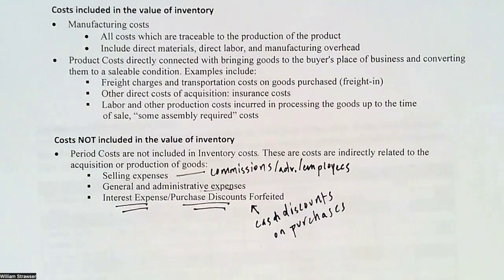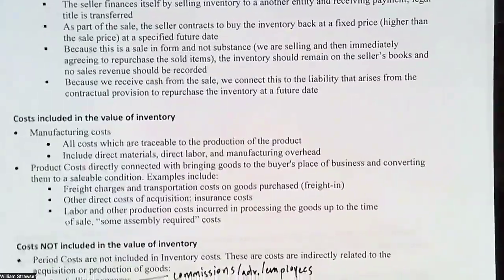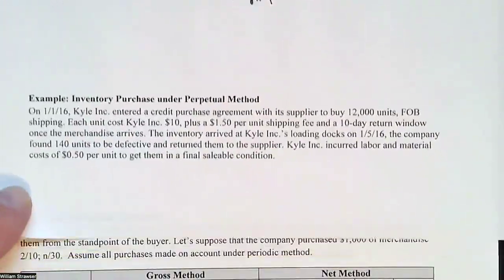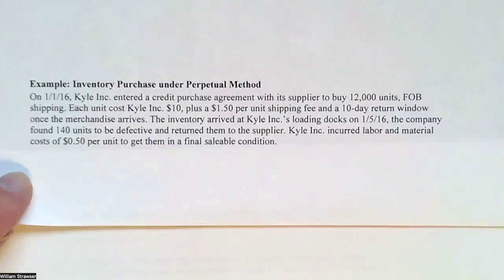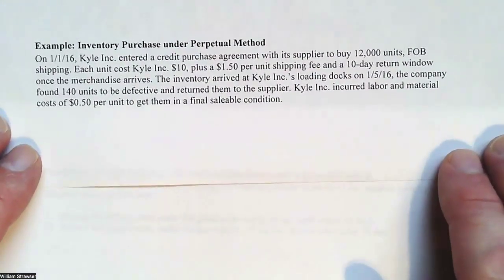But in this case, these are cash discounts when we purchase. And it is a very similar system in terms of how we record this, the gross and net method and all that. So we'll get another dose of that in a moment. But let's just look first at, all right, how do I make some journal entries with this information? Real basic entries under the perpetual system.